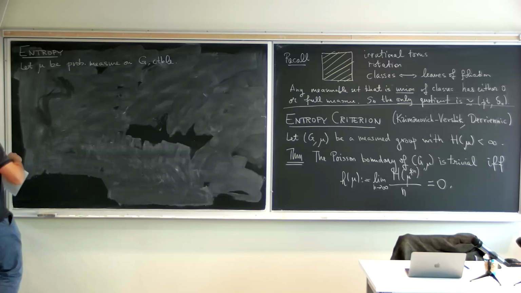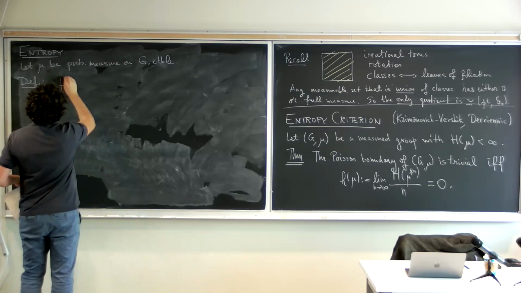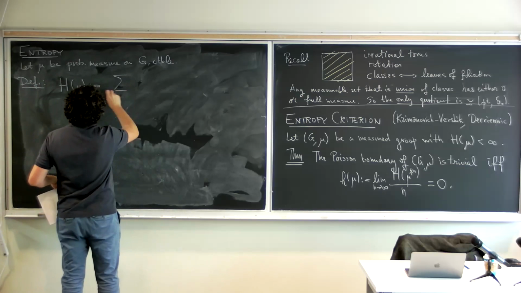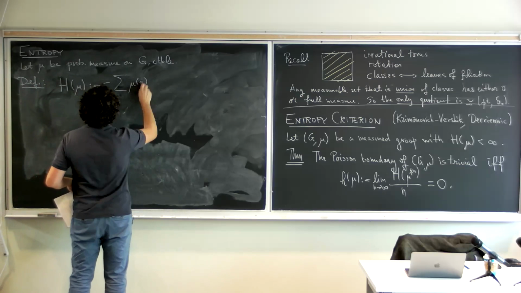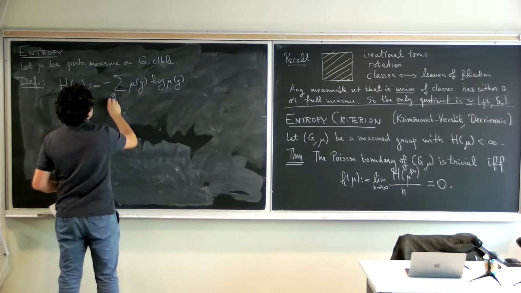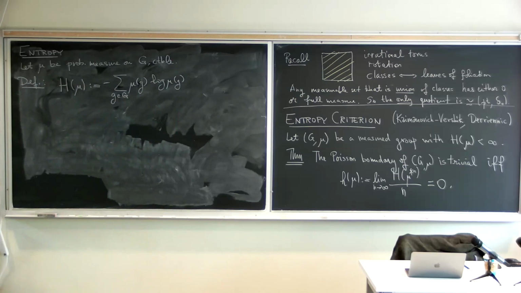So the formula for entropy is simply the sum of minus mu(g) log mu(g).